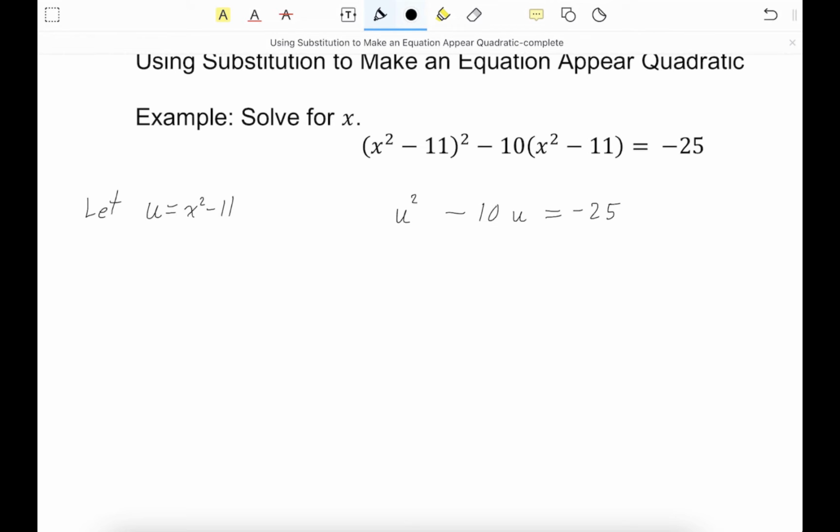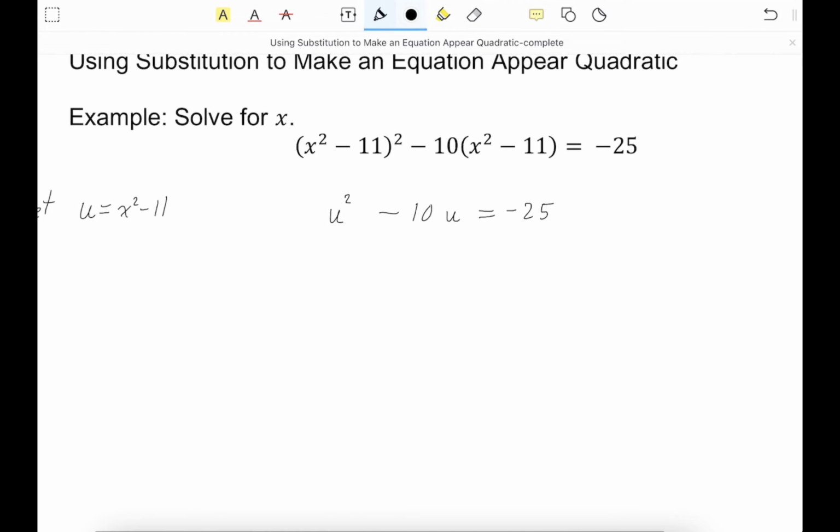And I've made the substitution, and now this equation looks like a quadratic equation. I'll take the 25 to the other side. So u squared minus 10u plus 25 equals 0.